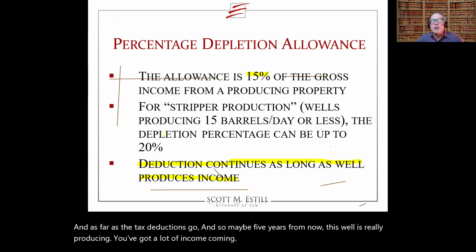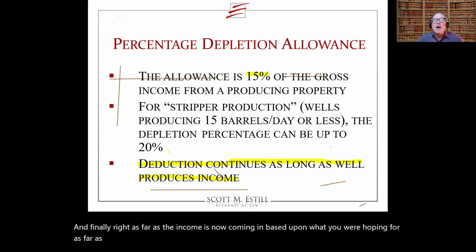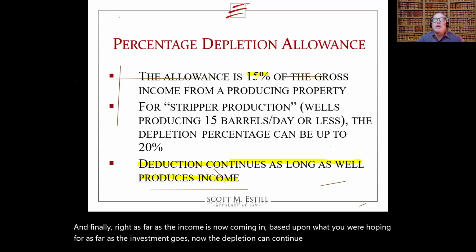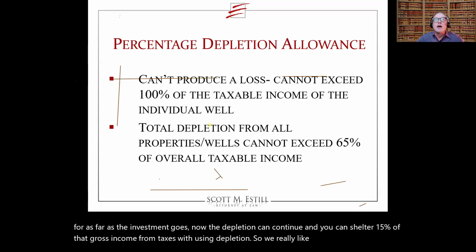Finally, right? As far as the income is now coming in based upon what you were hoping for as far as the investment goes, now the depletion can continue and you can shelter 15% of that gross income from taxes using depletion. So we really like this percentage depletion allowance.